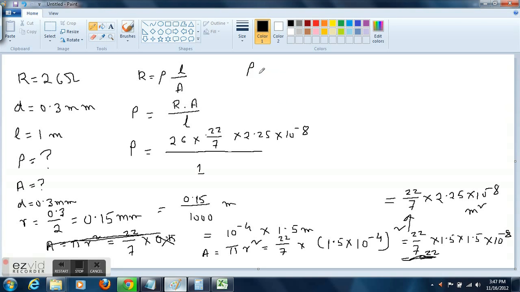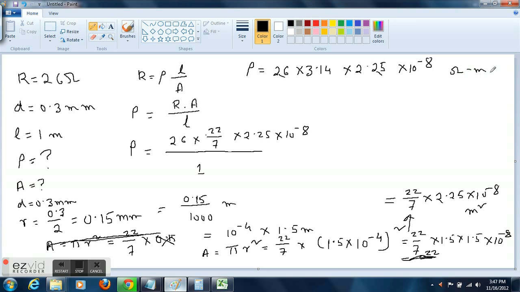Therefore, rho equal to 26 into 22 by 7, which is 3.14, into 2.25 into 10 to the power minus 8.